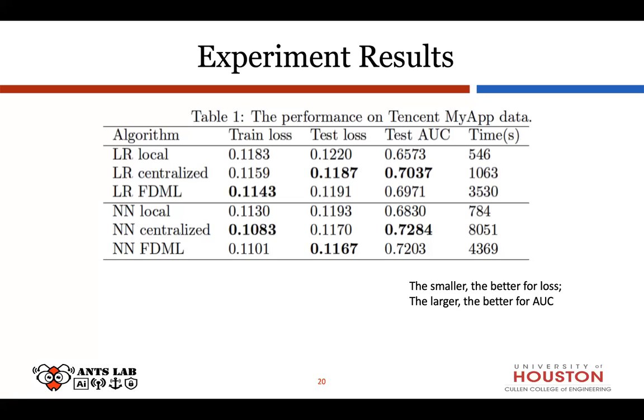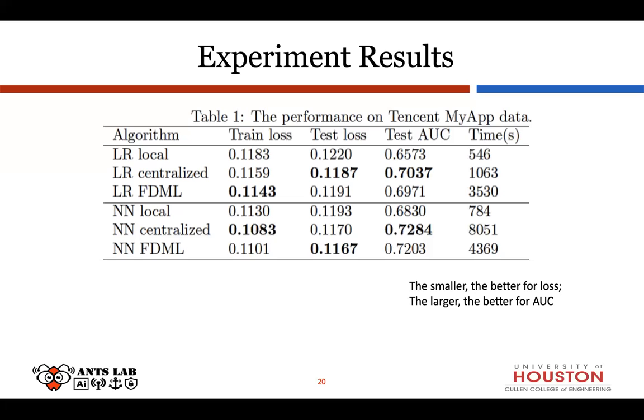Okay, I got another question. For this comparison, is it possible to compare with general federated learning? It's not the feature-based distributed machine learning, just general federated learning, or general distributed machine learning, not the feature-based one. Why don't they compare with that one?